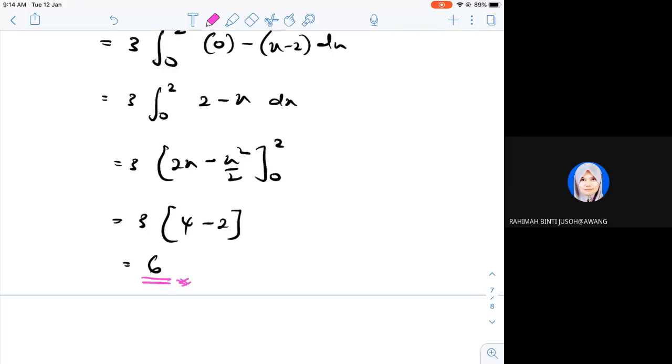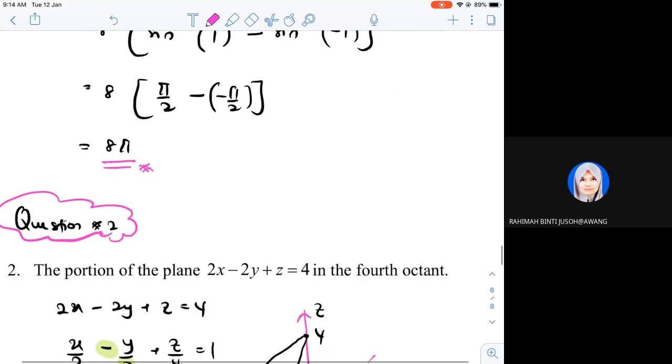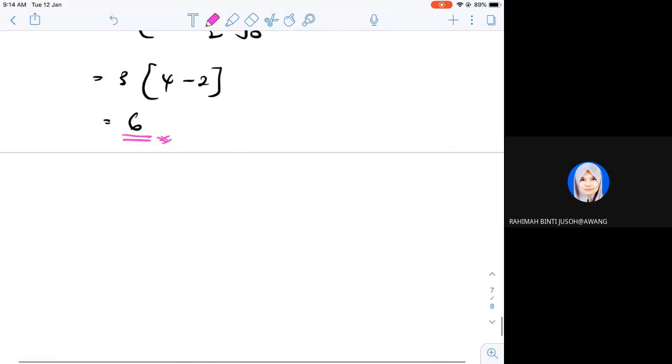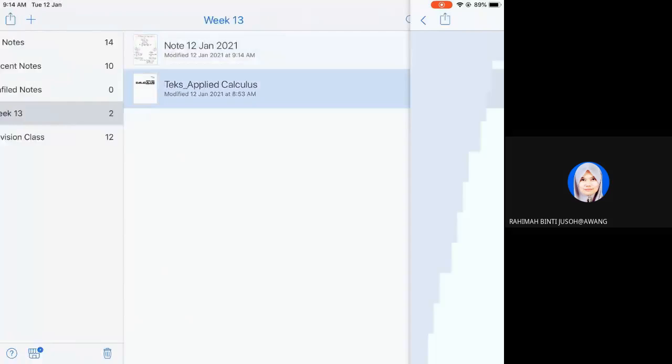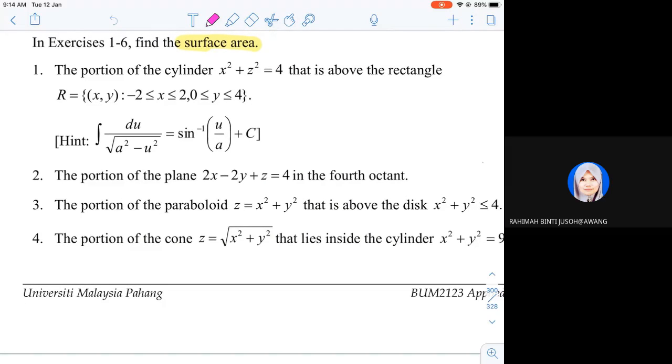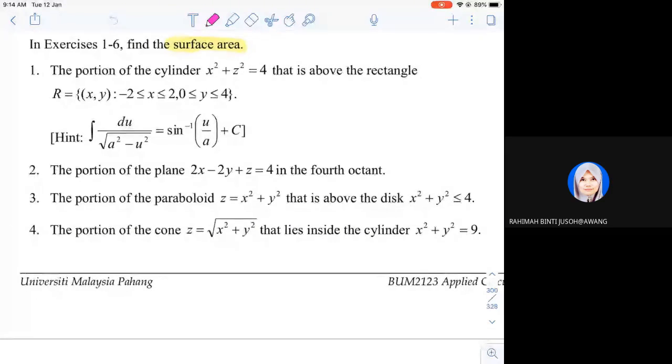Okay, now if you notice in question number 1 dengan number 2, semua guna x dengan y. Okay, dA kita x dengan y kan, dy dx kan. So now let's take a look at question number 3. It said that above the disk.